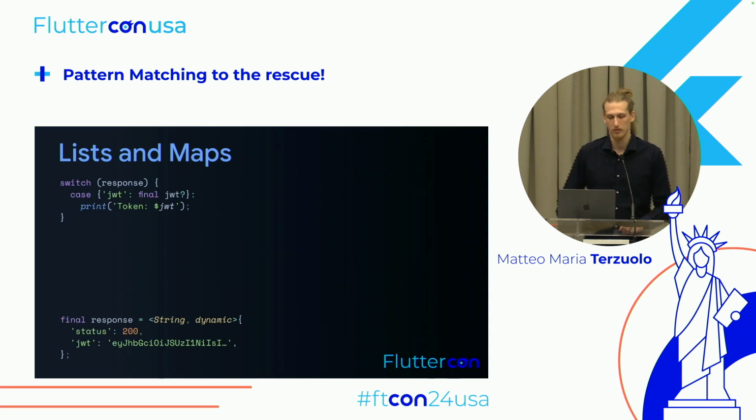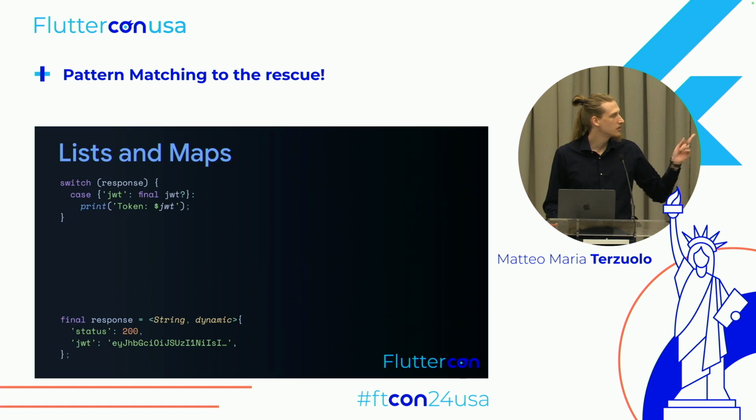We can also check for the status of our variable. So as you can see, I'm extracting the JWT, and I'm using the question mark. What do you think that character means? Checking whether it's not null.